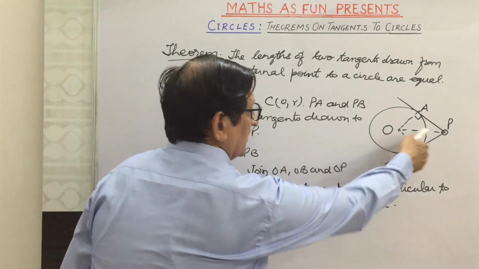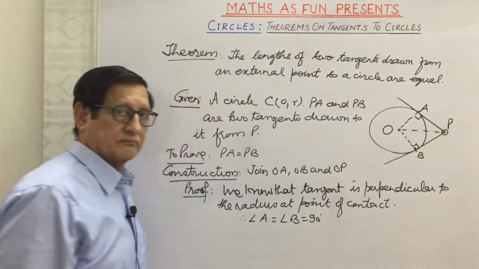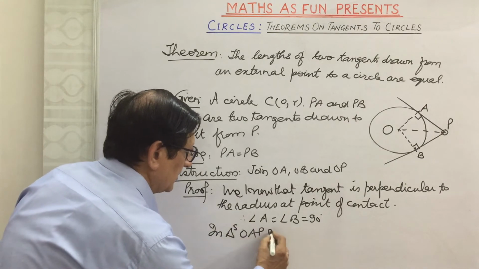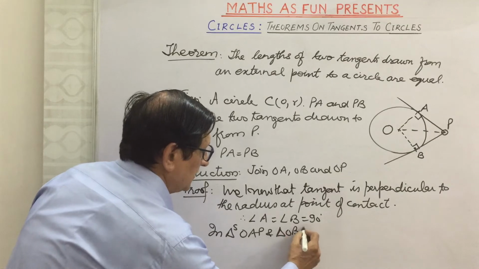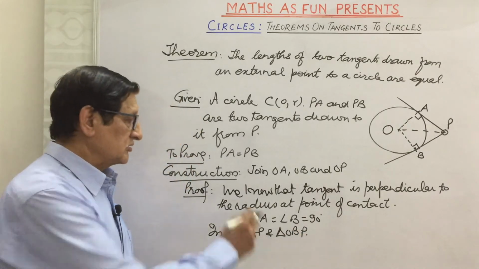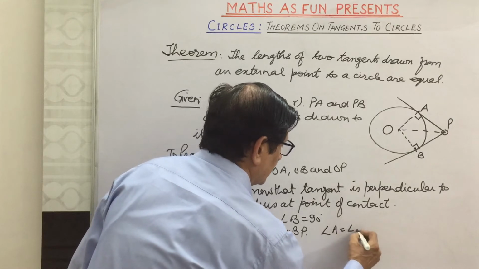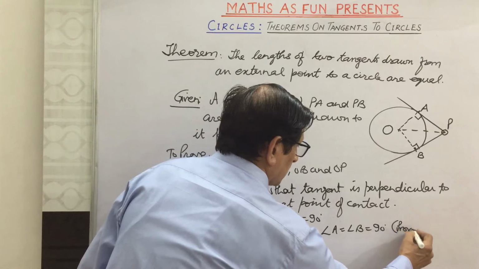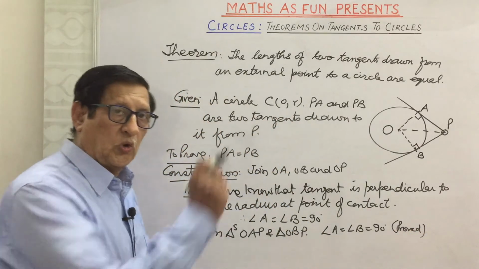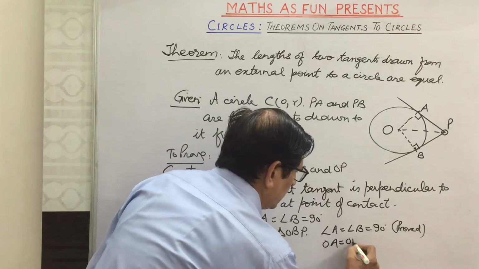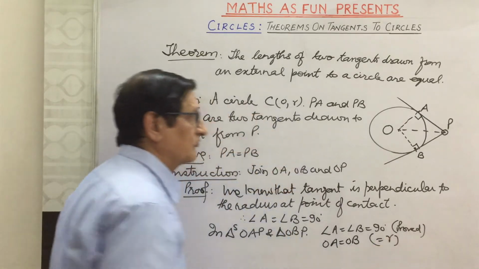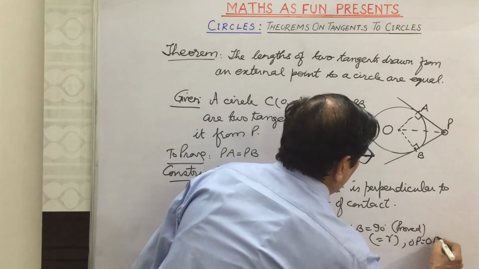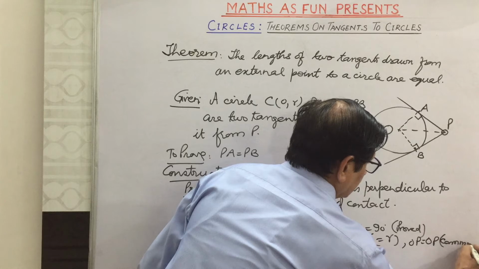Now if we go in these two triangles OAP and OBP, in triangles OAP and OBP, just now we've seen that angle A is equal to angle B is equal to 90 degree. We have already proved it. OA is equal to OB because they are the radii of the circle, and OP is equal to OP, which is the common side to both.